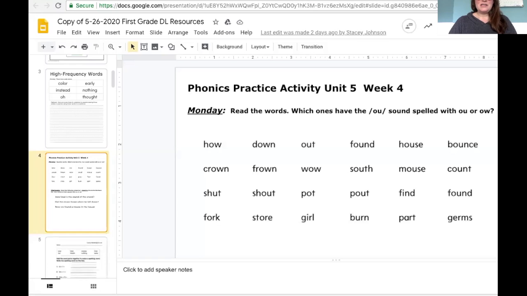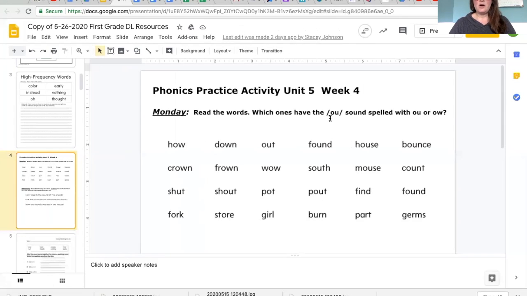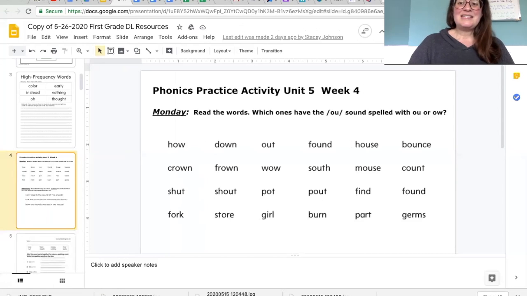This week I have a lot of really fun videos within my videos, and I have some games we're going to play. So I'm going to share my screen, and you'll notice that this week we have the vowel pattern OU and OW, and those two ways of spelling that blend, those two letters, say ow, like ow, don't hurt me.